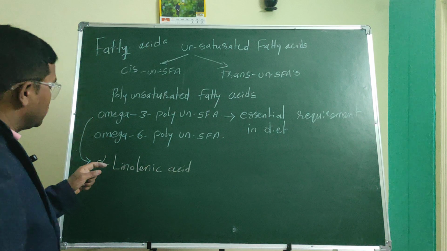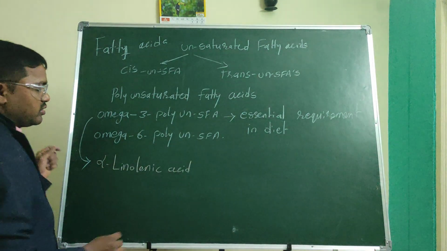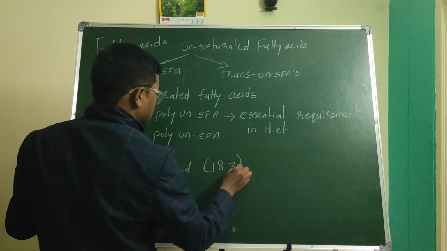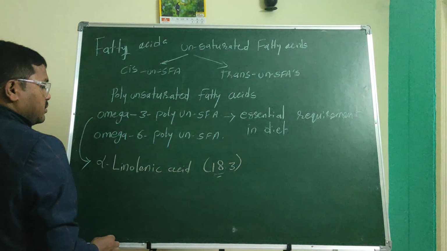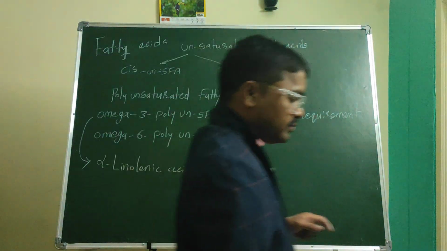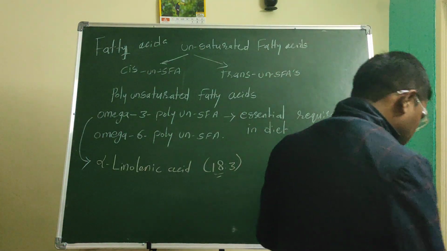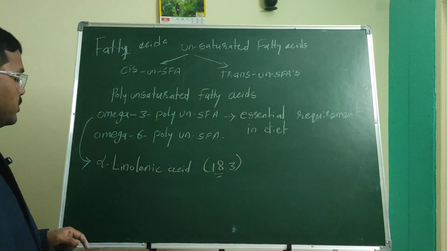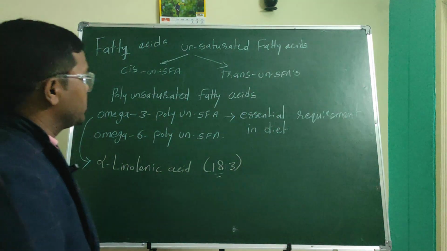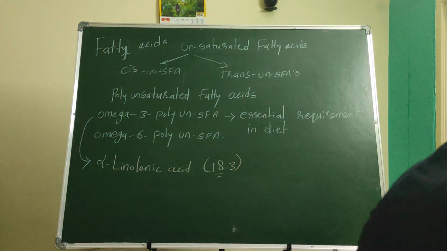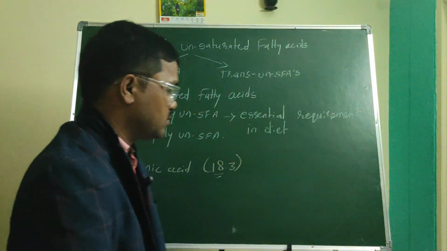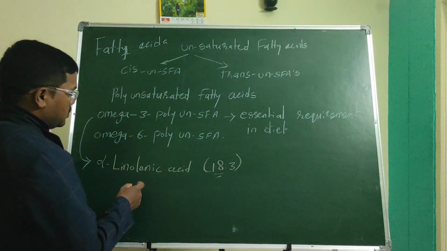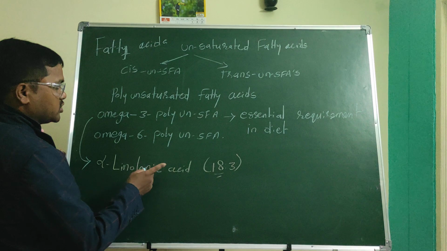Alpha linolenic acid is 18:3; 18 is the carbon number and 3 is the number of double bonds present in the polyunsaturated fatty acid.